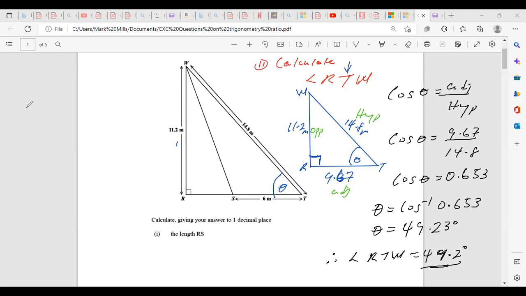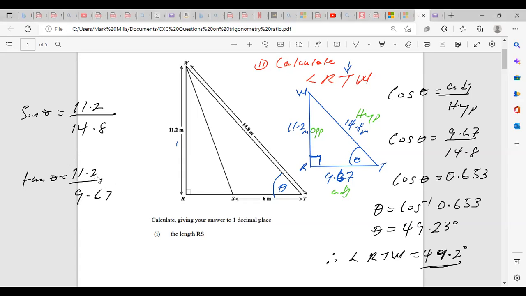If they use sine theta, they are going to get 11.2 over 14.8. And somebody uses tangent, they will use 11.2 over 9.67. And when you work it out, you get back the same answer for all three.